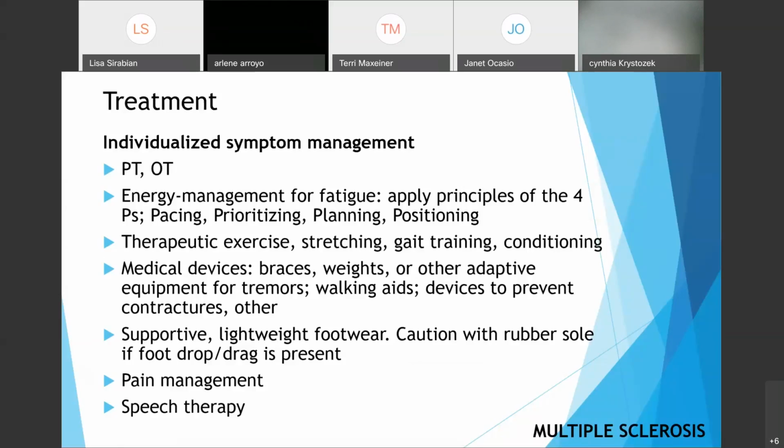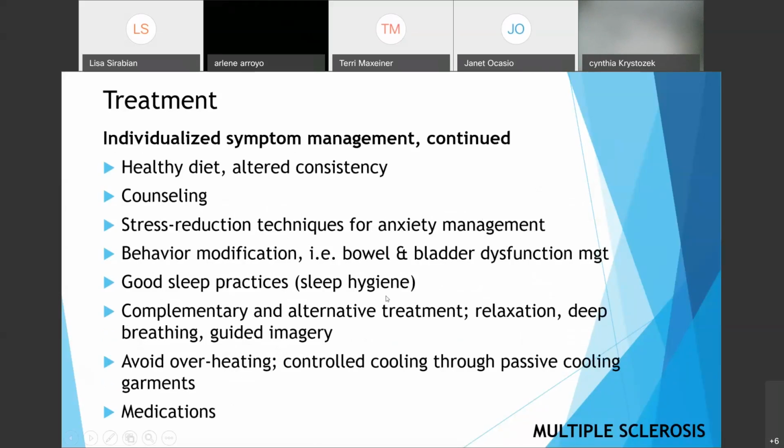Therapeutic exercise, stretching, gait training, and medical devices may come into play. Supportive light footwear, pain management, speech therapy. Continued individualized symptom management, healthy diet, altered consistency may at some point be necessary because of swallowing issues, counseling, stress reduction techniques for anxiety management, behavior modification, for example for bowel and bladder dysfunction, good sleep practices, complementary and alternative things like relaxation, deep breathing, guided imagery.